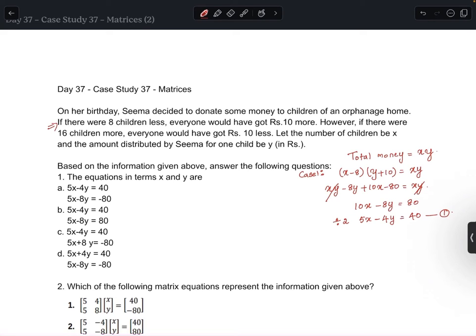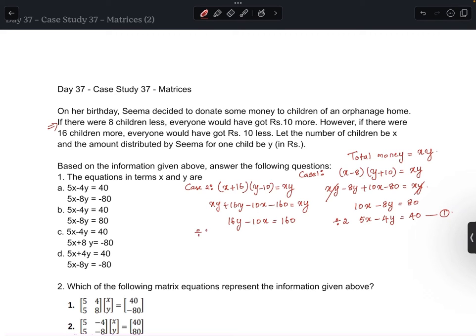The second case is, however, if there were 16 children more, that is X plus 16, everyone would have got rupees 10 less. Y minus 10 is equal to XY. XY is a constant. XY plus 16Y minus 10X minus 160 is equal to XY. 16Y minus 10X is equal to 160.